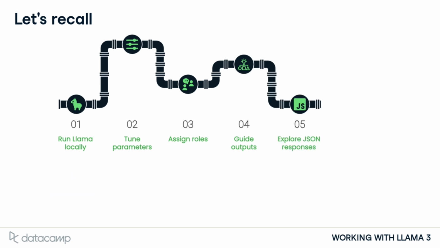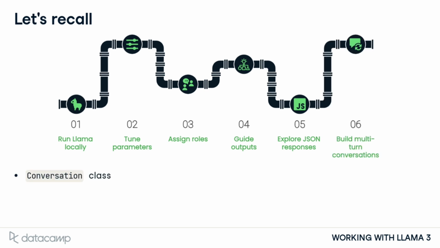We also explored structured JSON responses, helpful in formatting Llama's output for automation and data processing. Finally, we built multi-turn conversations, allowing Llama to track conversation history and provide context-aware responses.